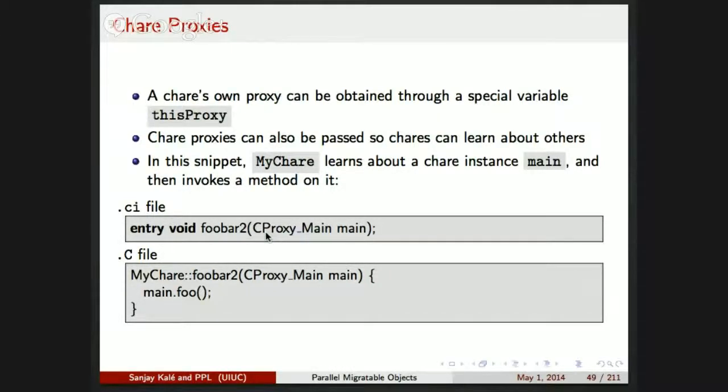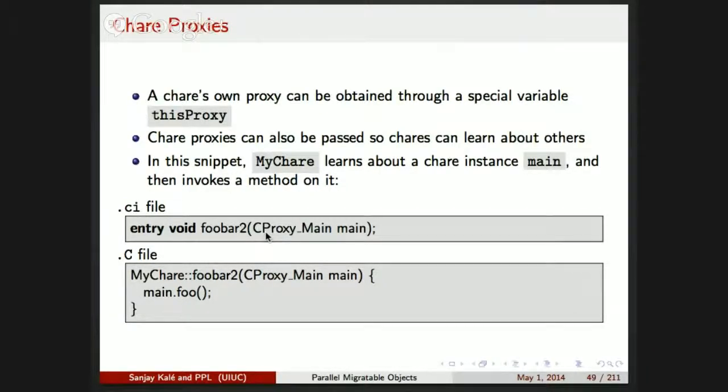So in this case, this line of code would actually invoke the foo method on main remotely, so the runtime system would handle that, looking up where main actually resides in the system, packing up the message, sending it to main, and then with the message-driven execution, once the message arrives, this foo will be called by the scheduler on the main object.